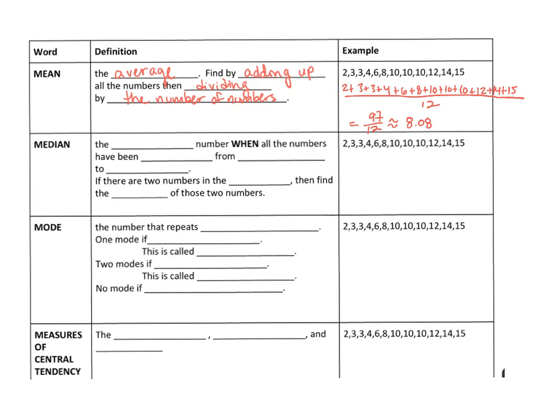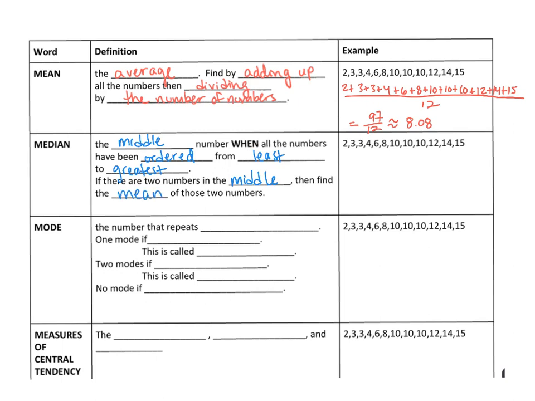Okay, so the median is the middle number when all the numbers have been ordered from least to greatest. So you have to put them in order of smallest to biggest. If there are two numbers in the middle, then you need to find the mean of those two numbers.